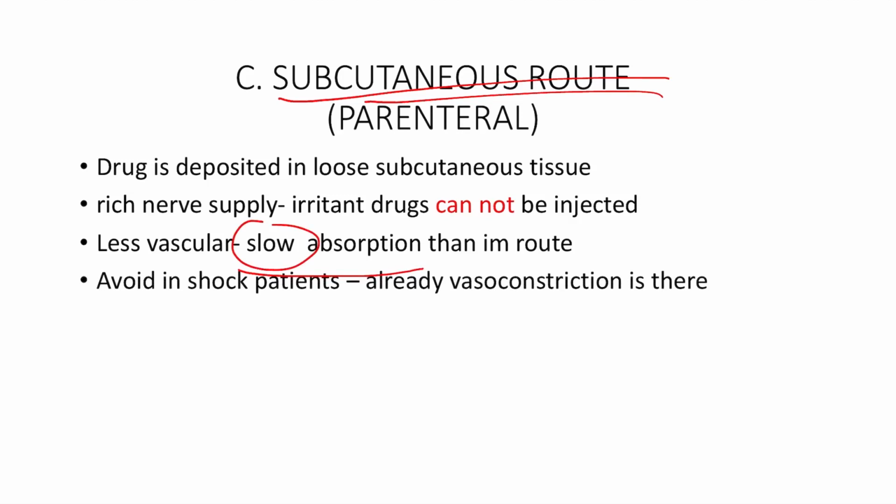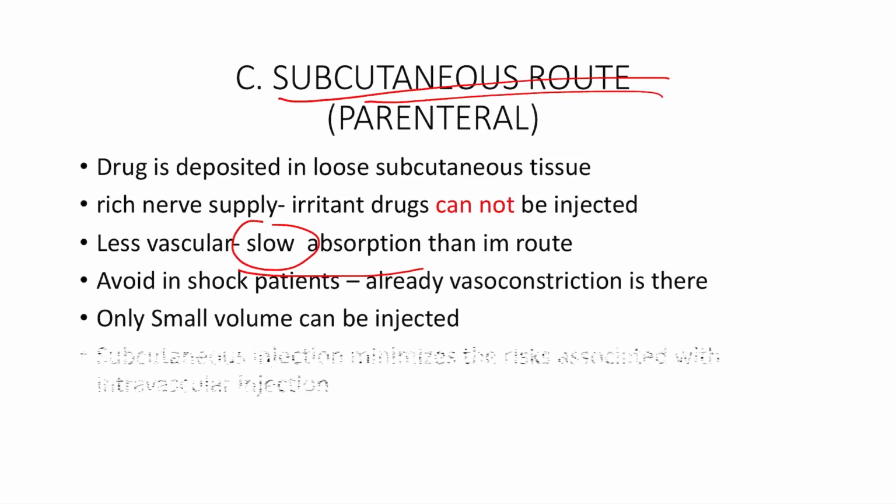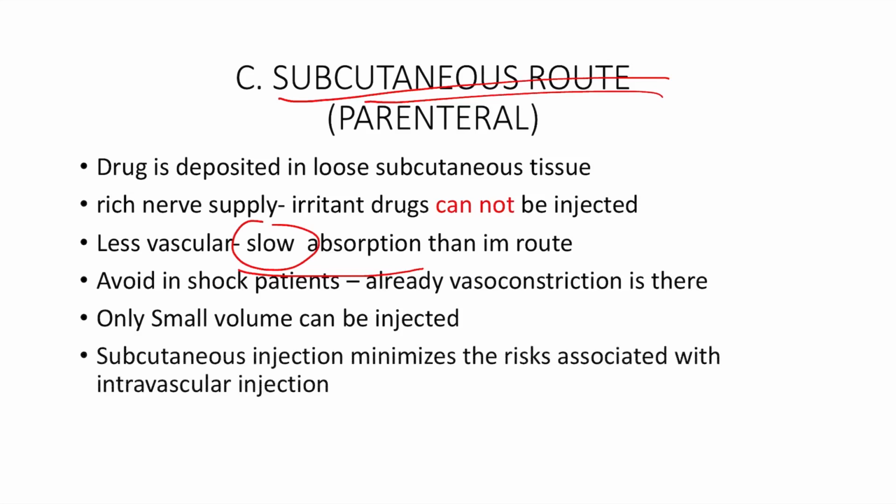This is most important. Why do you need to avoid the subcutaneous route in shock? Because there is already vasoconstriction, so the absorption would be a bit less, and only small volumes can be injected. Subcutaneous injections minimize the risk associated with intravascular injection.